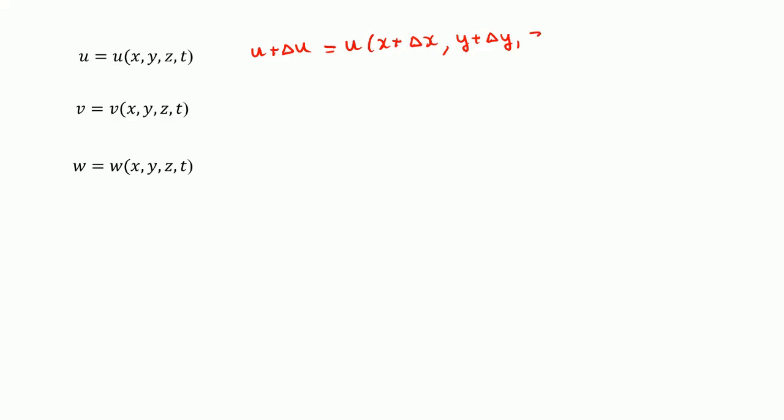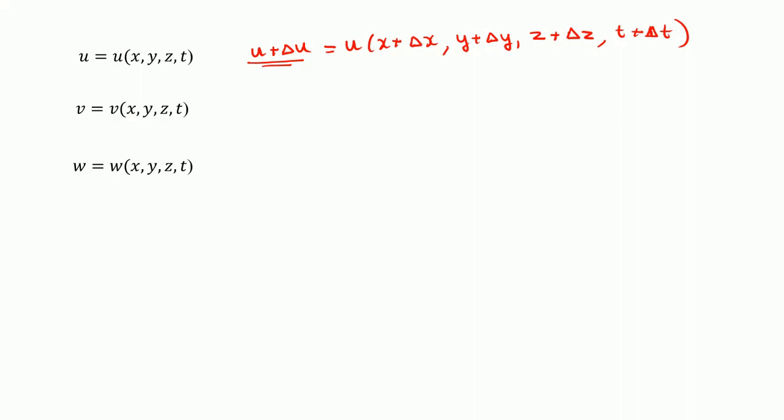We can write this as z plus delta z, and then t plus delta t. That means I am going ahead in space and time, or one of the two, or both together. Then I have u plus delta u. That means I am changing my u.